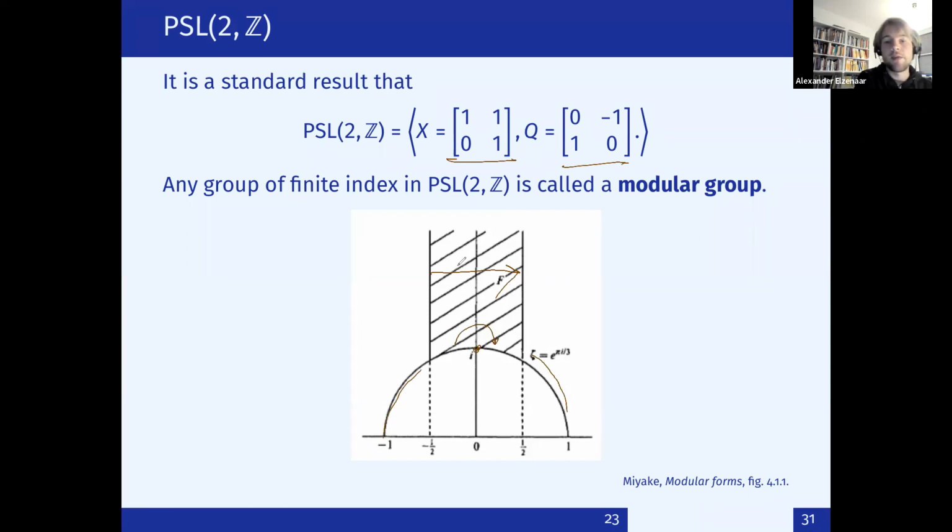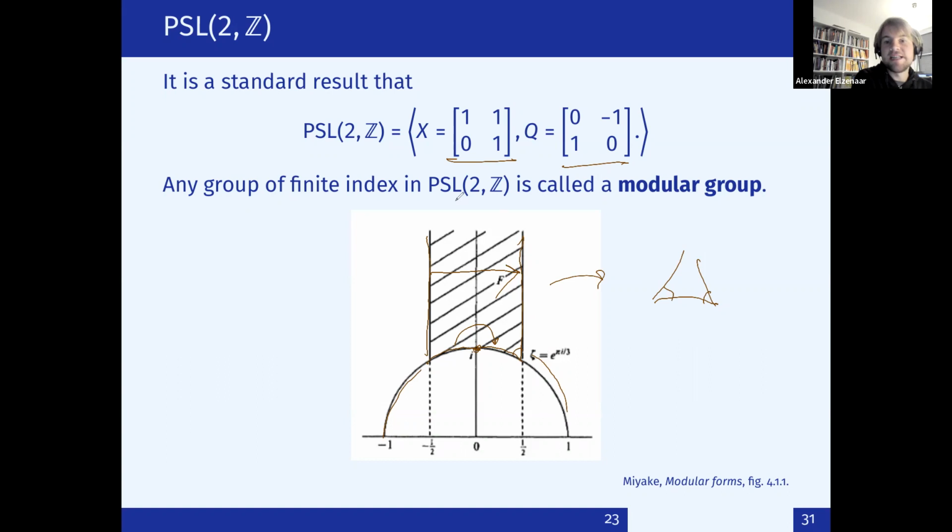So you get a tiling of the upper half plane by triangles which look like this, and in the quotient you get a cusp which comes from the cusp of infinity, and again 2 angle points, and these angles are going to be 2 pi on 3, I think, you get these angles.